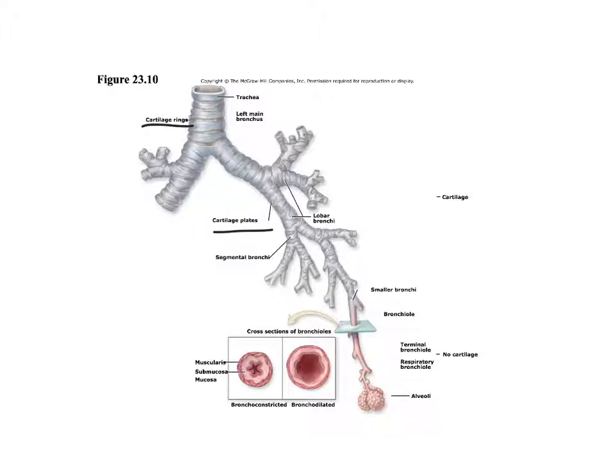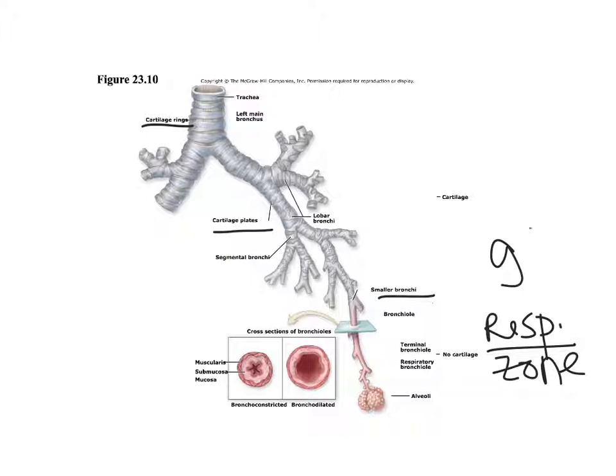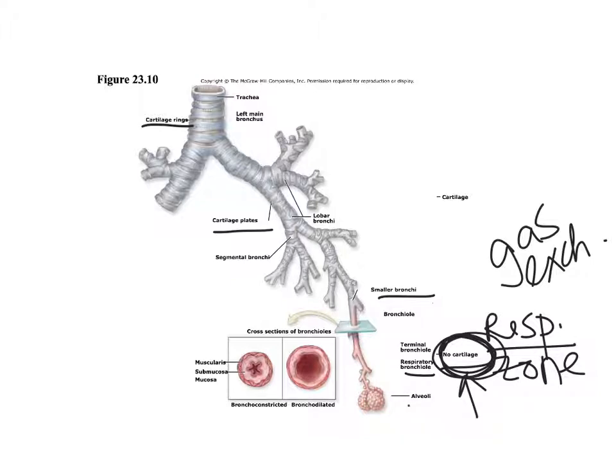Now when we get down to the really small ones where we're starting to enter the respiratory zone, which is where gas exchange is going to take place, there's no cartilage. That's what's different. Respiratory bronchioles, alveoli, no cartilage.